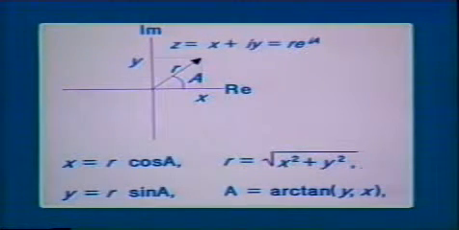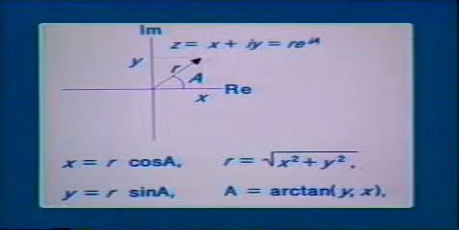And you write z equals x plus iy. Or another way to represent a complex number is by saying what's the distance from the origin and what's the angle. So that represents a complex number as its radius times an angle.